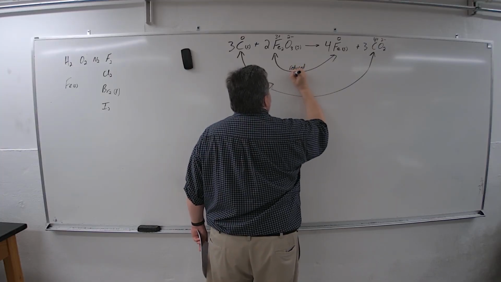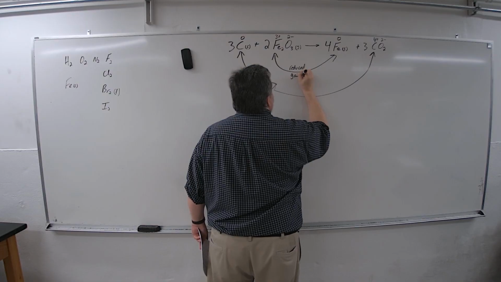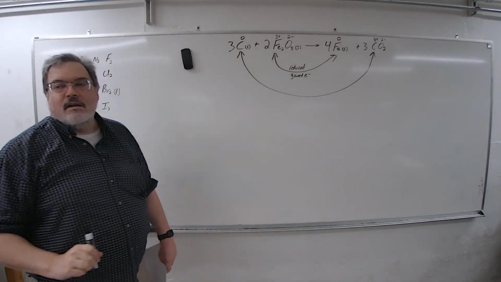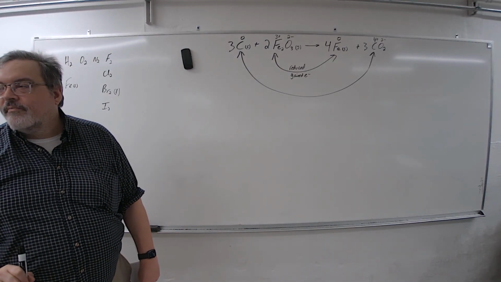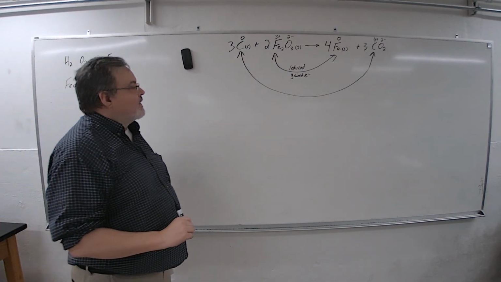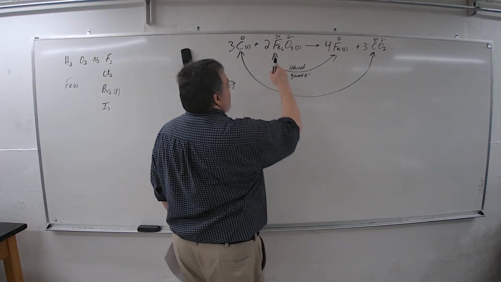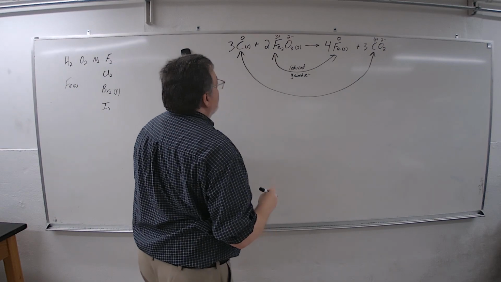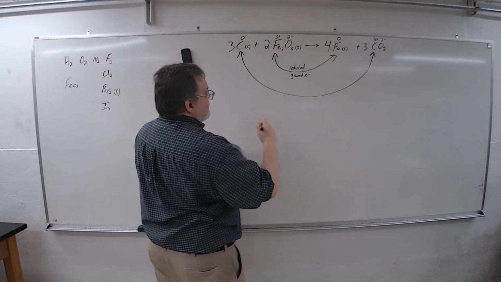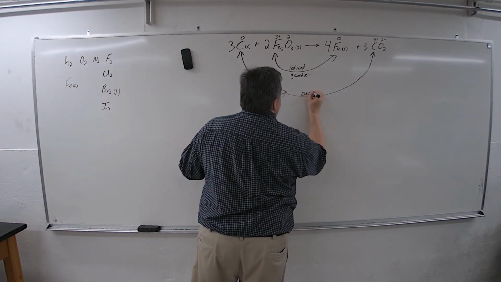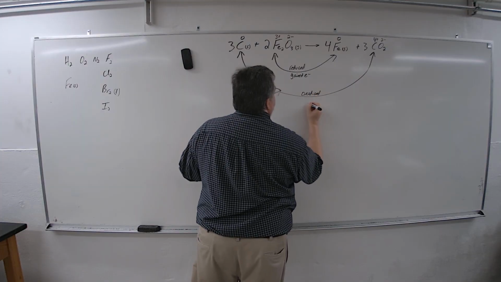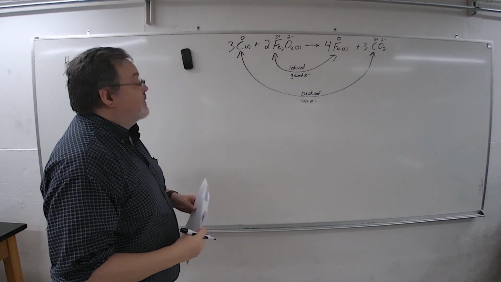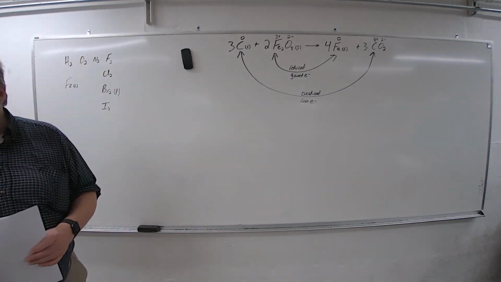So it gained electrons to get there. How many electrons did it gain? 3. You get 1 charge per electron, so if it goes from +3 down to 0, that means it gained 3 electrons. And then this is oxidized, lost electrons.